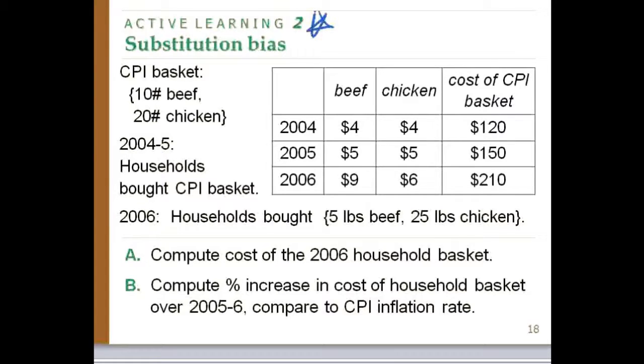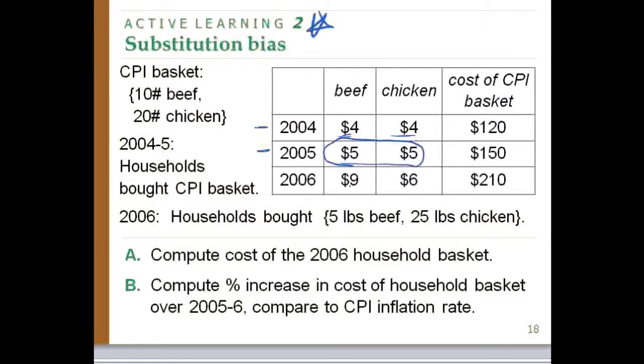So let's imagine that in 2004 and 2005, the household purchased the CPI basket, and you can see the price of beef is $4 and the price of chicken is $4 too in 2004. In 2005, the prices of beef and chicken have both gone up, but they are both $5.